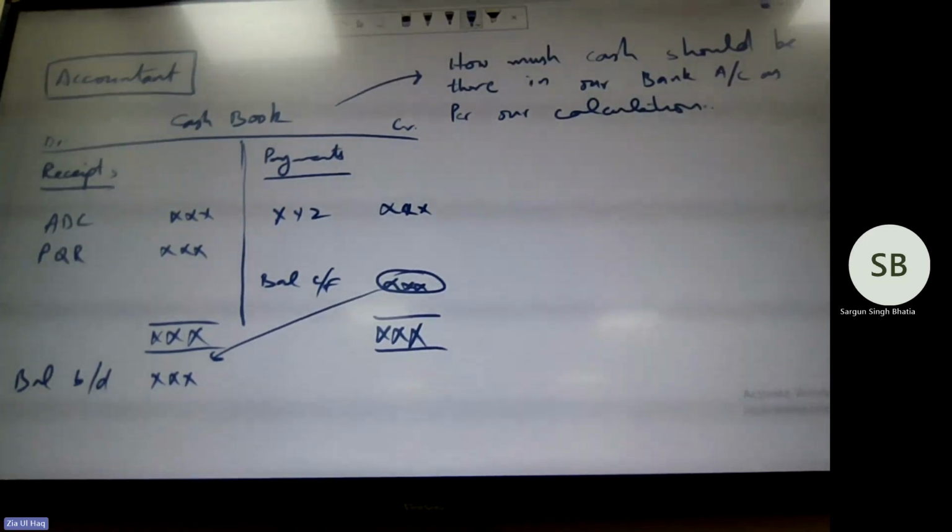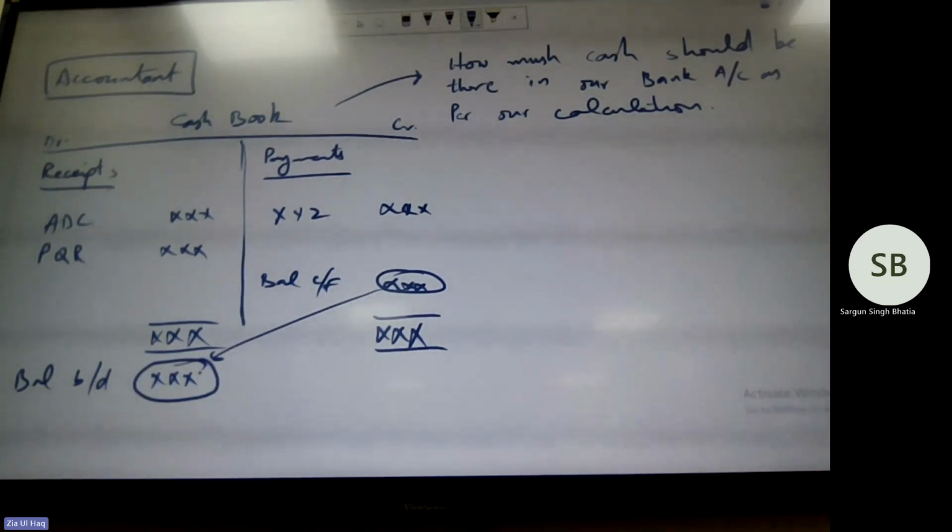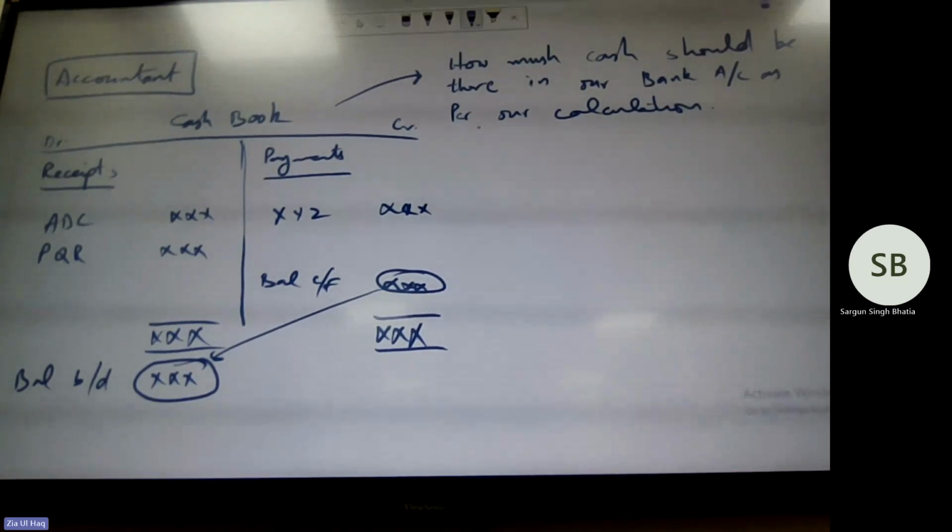We are preparing this cash book in our business. Every receipt we record on the debit side, every payment we record on the credit side, and at the month end, we balance this. This means we have obtained this debit balance. This means we are expecting this amount should be in our bank account as per our calculation. This cash book is showing the balance in our bank account as per our calculation.